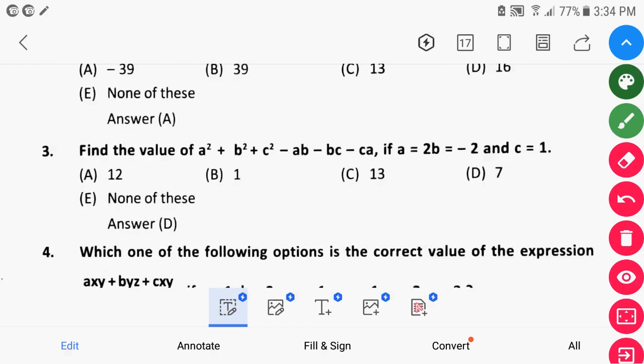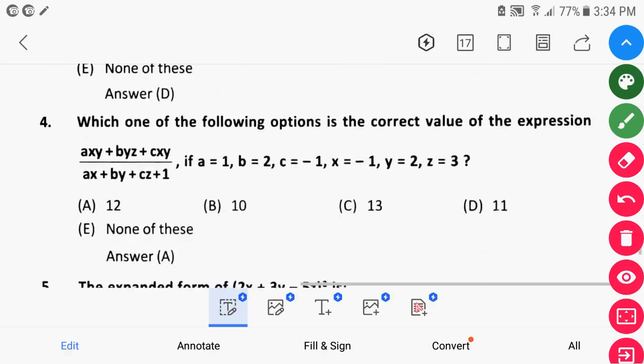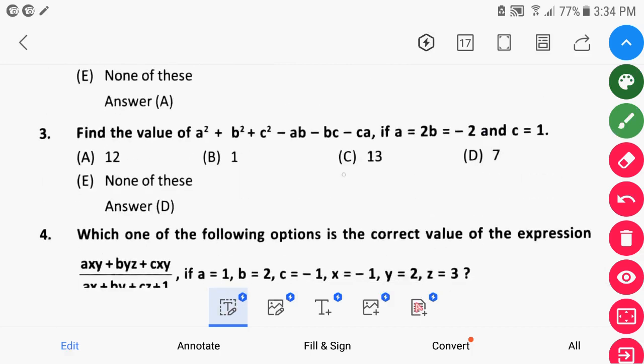Now what you will do here, you first find the value of b. A's value is minus 2, B's value is minus 1 and C's value is 1. Now put the values and solve the equation. Okay. The answer is D. Here also you cannot further simplify it.